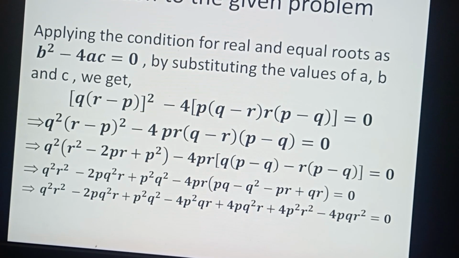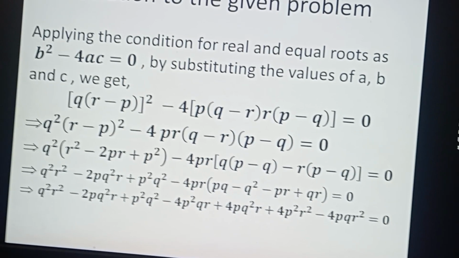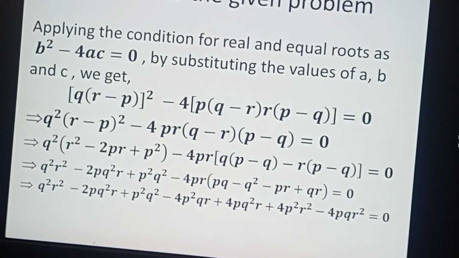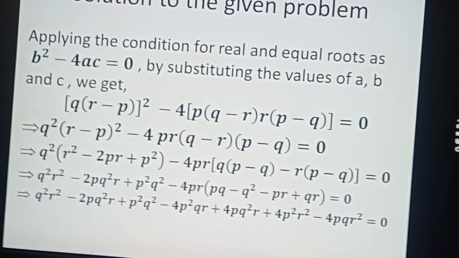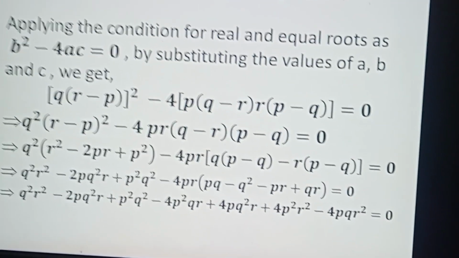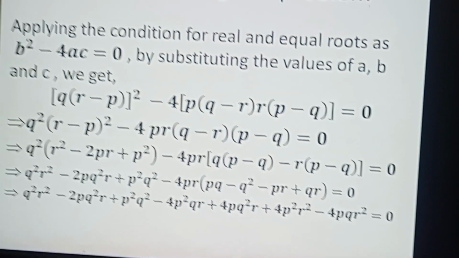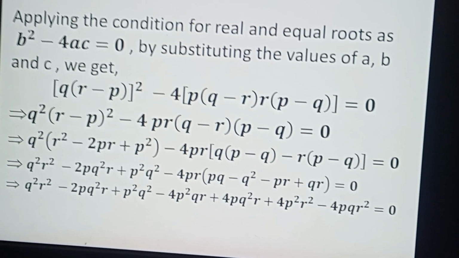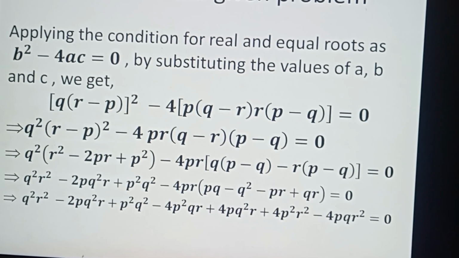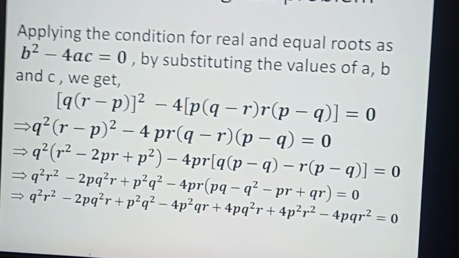We do the expression q into (p minus q), and then r into (p minus q). That way we can simplify it easily. So 4pr remains outside, and within the brackets we have pq minus q squared minus pr. The sign changes there because there is a minus sign before the brackets, so it becomes plus qr. Minus into minus is plus.